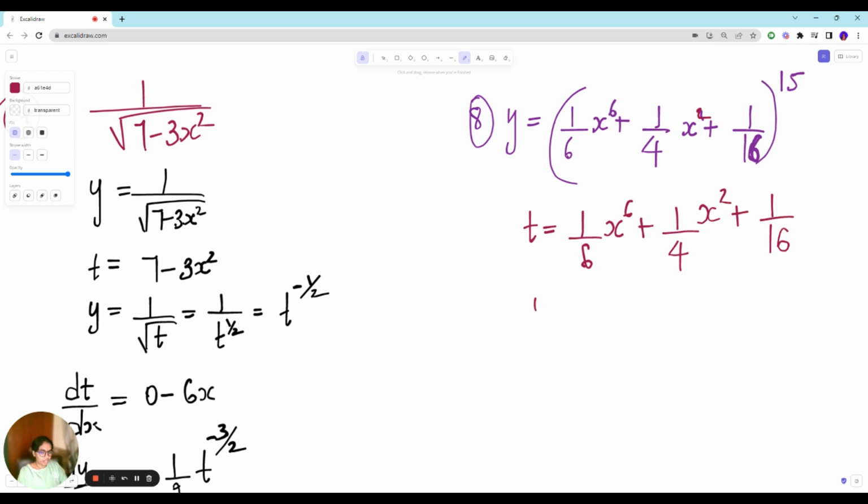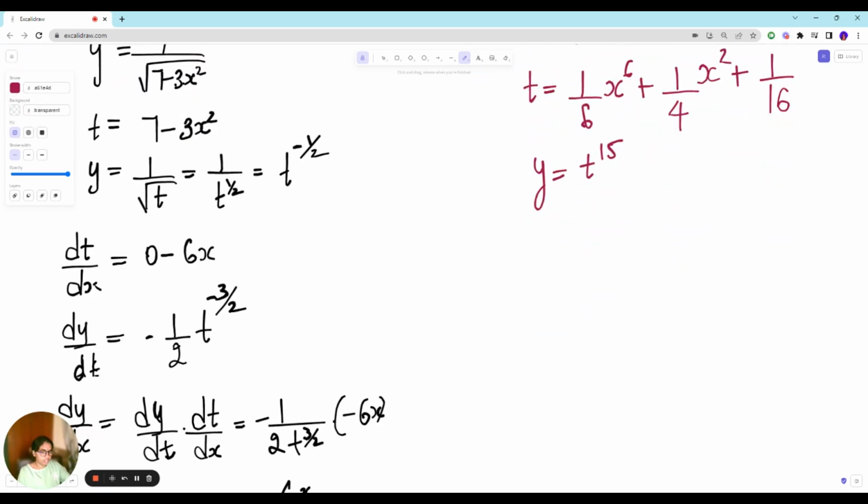Okay, now what would our y be? Y would become t to the power 15. Okay, now what should I do? What is the next step? Find dt by dx. Dt by dx is equal to 1 divided by 6 would remain as it is. Derivative of x to the power 6 is 6x to the power 5. 6 and 6 gets cancelled.